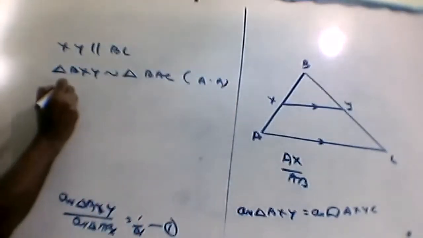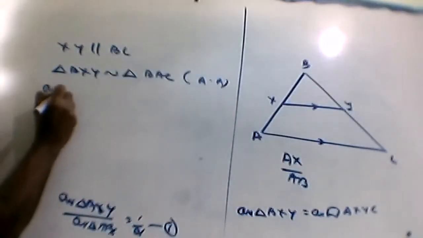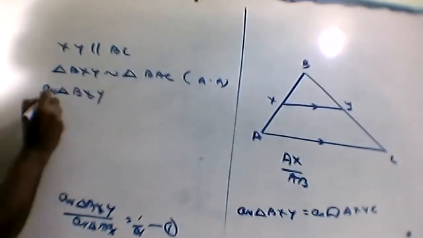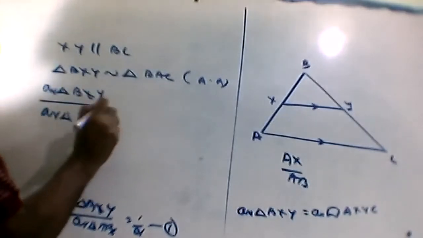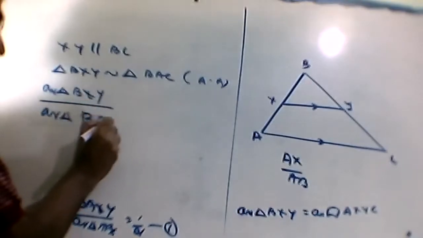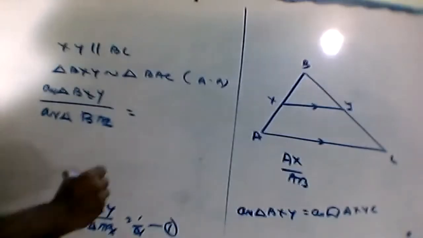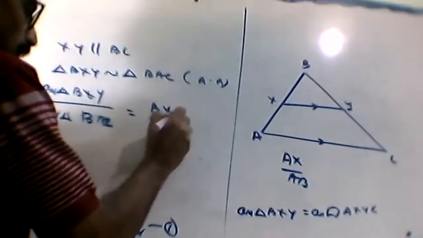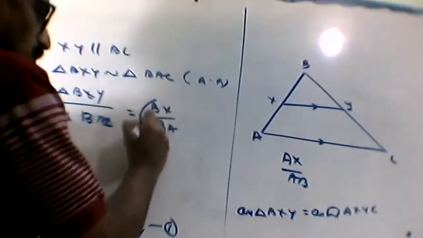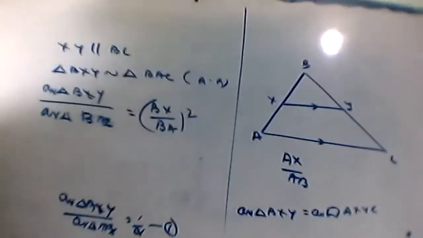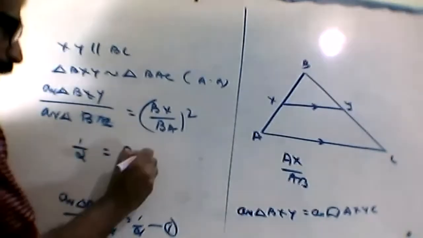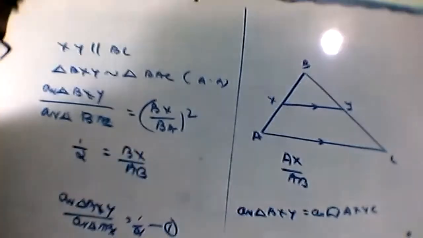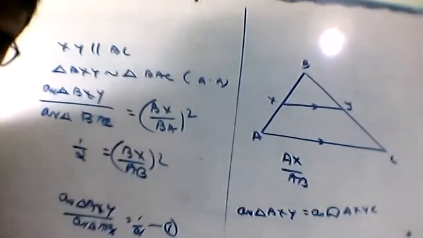Hence, area of triangle BXY divided by area of triangle ABC equals BX by BA, whole square. Correct? But as per number one, it is 1 by 2 equal to BX by AB, whole square.